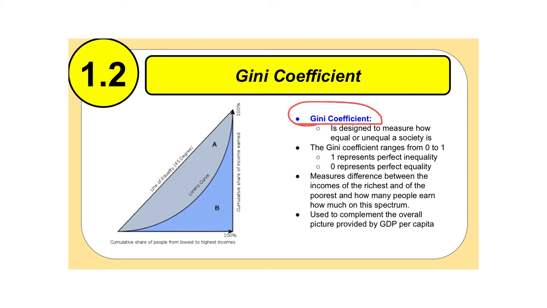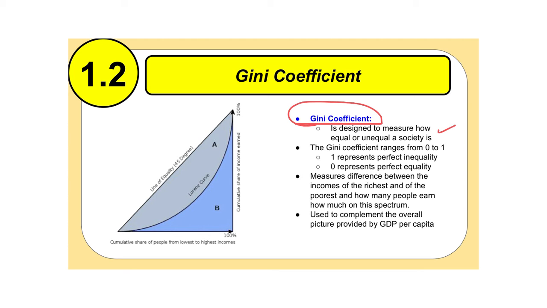The Gini coefficient is designed to measure how equal or unequal a society is. The biggest question that GDP per capita leaves unanswered is how equal or unequal this particular society is. The Gini coefficient tries to answer that question.